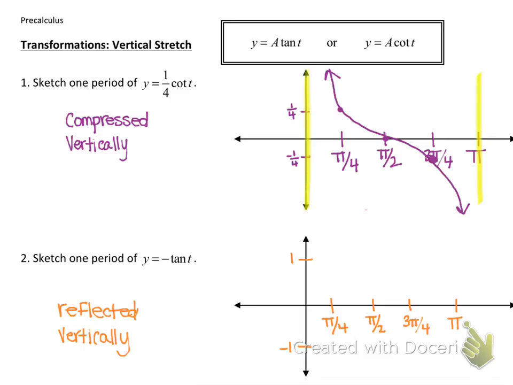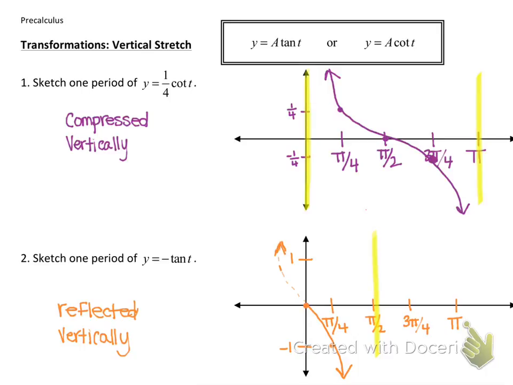So I know that since it's tangent, I have a value at 0, 0. So I have my value at 0, 0, but then it goes down because it's been reflected. Well, then I also know I have asymptotes at every pi over 2 interval. So that means that this is the one part. Okay, and if I were to continue left, it would look like this.